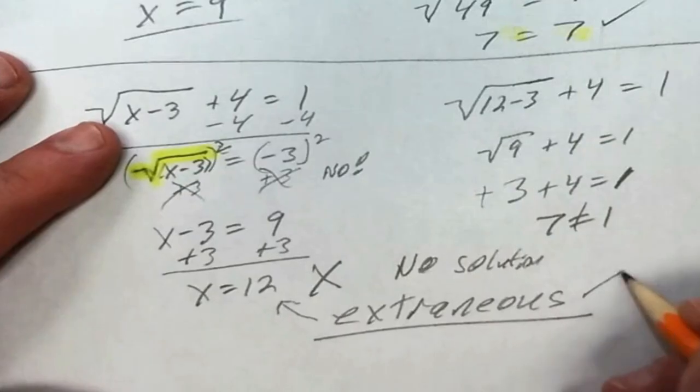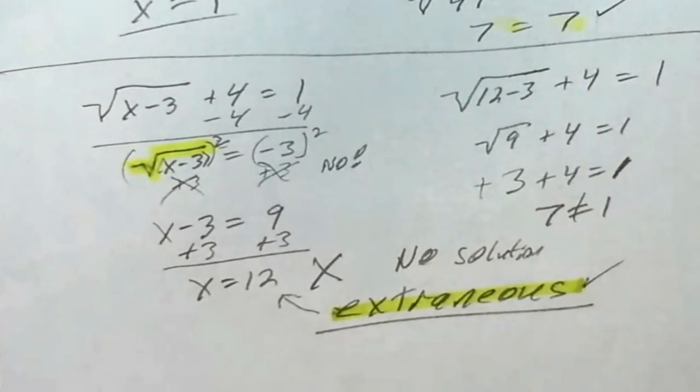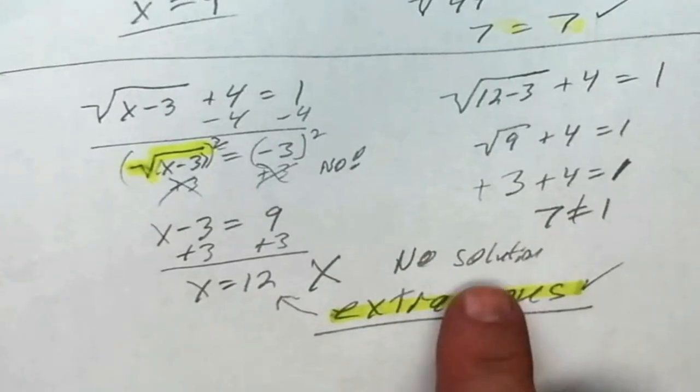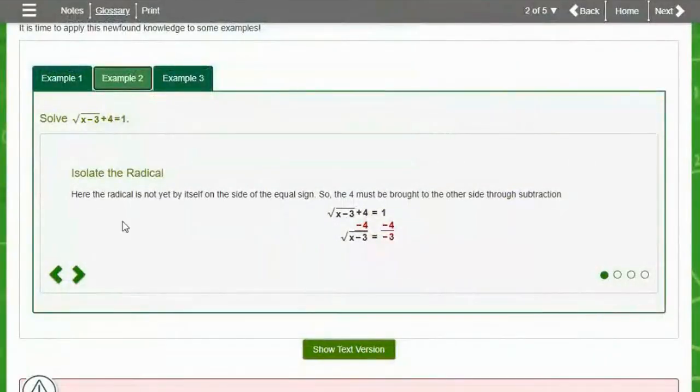Extraneous. We'll highlight that word there. If you didn't check your work, you'd say, oh, the solution is x equals 12. I'd say, yeah, no solution. Like, this is kind of weird, Mr. Brock. That's why we have to take notes and pay attention, because otherwise we're going to have a lot of fits.